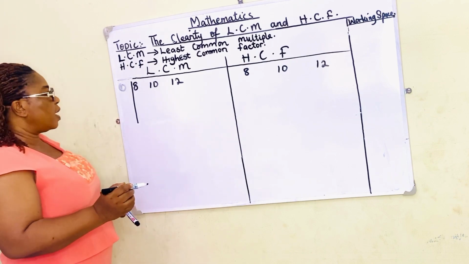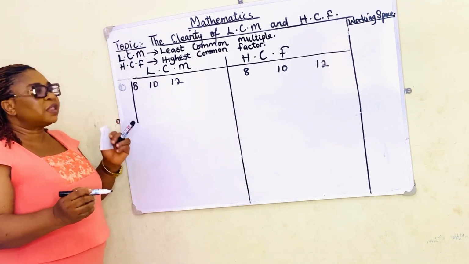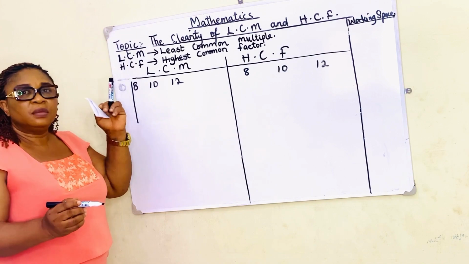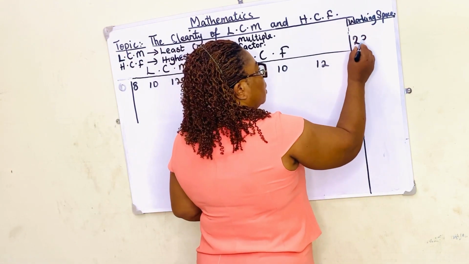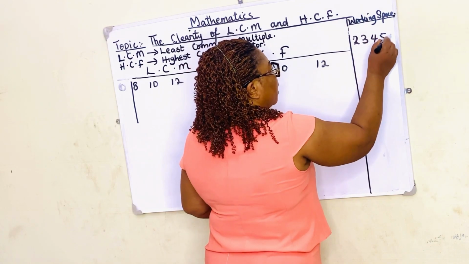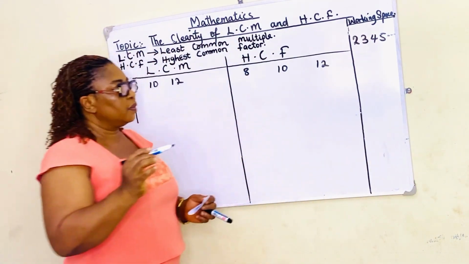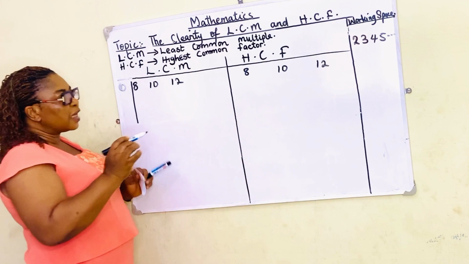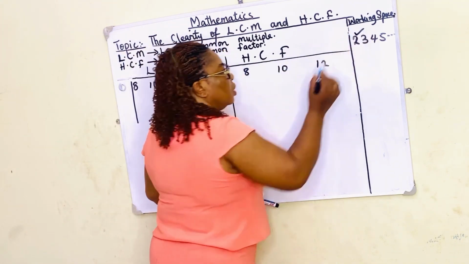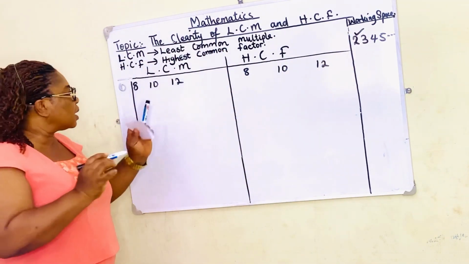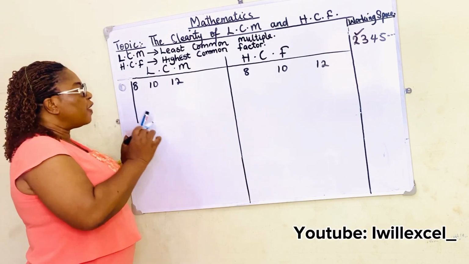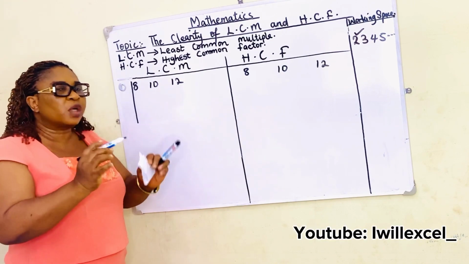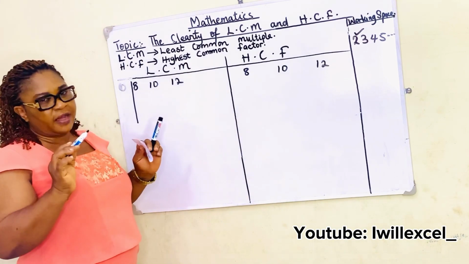When you're factorizing, you start with the number 2. There are numbers like 2, 3, 4, 5, and so on and so forth. Don't start with 3 because 3 can divide the number. Start with 2. You continue dividing with 2 until 2 can no longer divide.